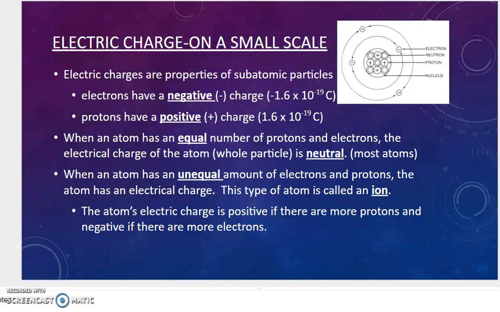They might have more electrons than protons and have a negative overall charge, or more protons than electrons and have a positive overall charge. This type of atom is called an ion. Make sure you have all those filled in at the top of your notes, above where it says the second title, electric force.